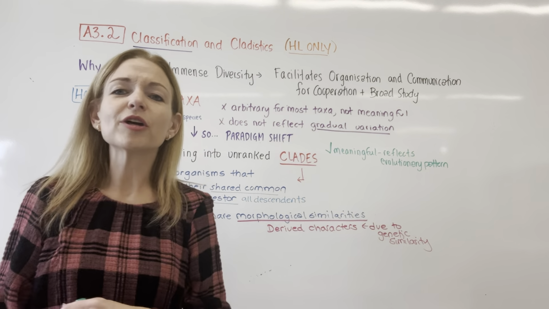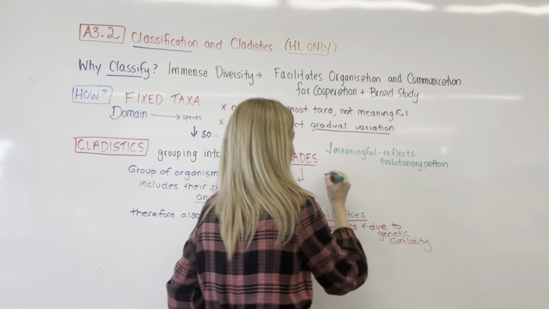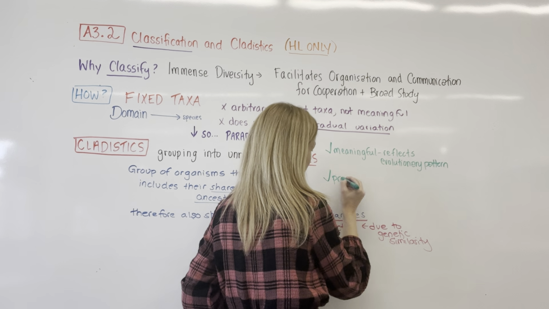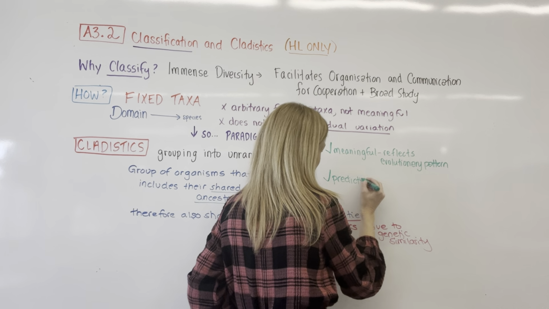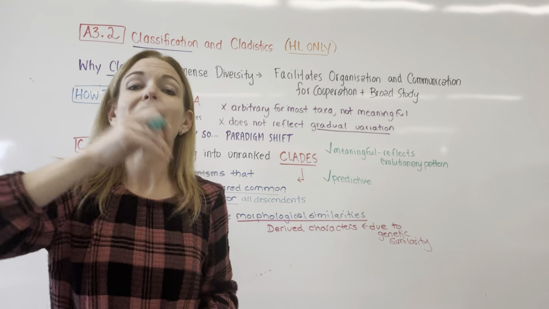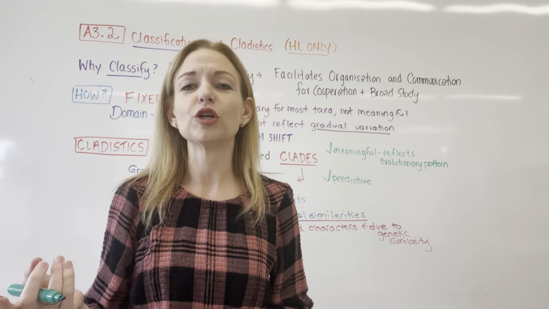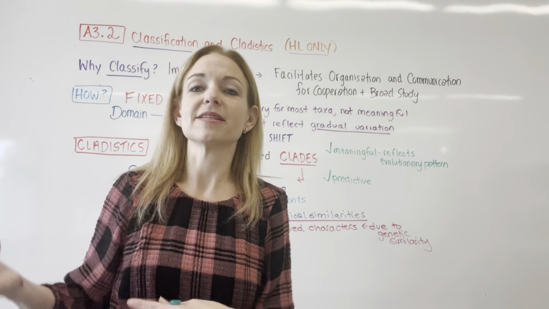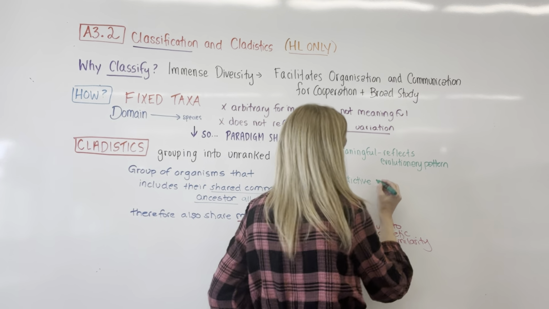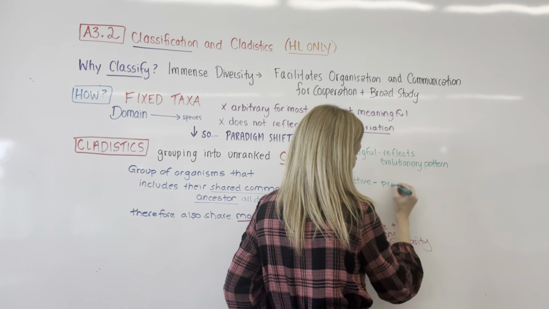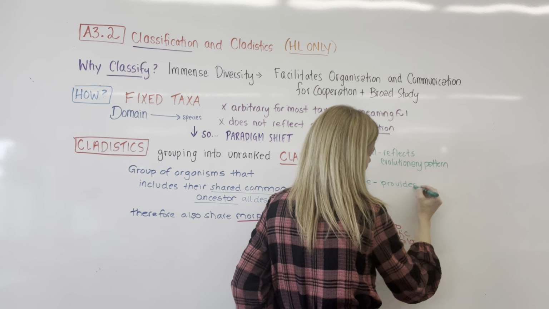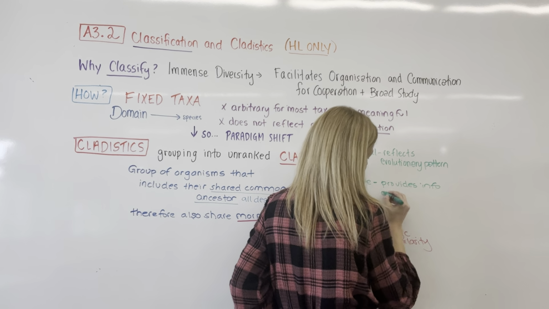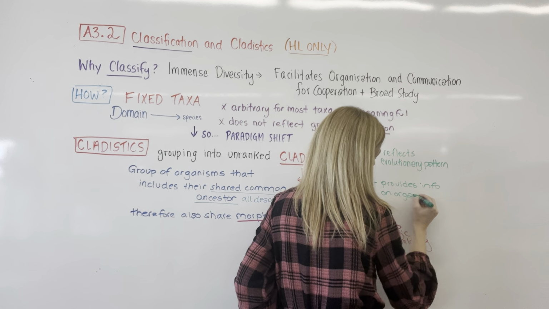Related to this, it is actually predictive. If you know what clade an organism belongs to, you could predict its features because of that. It provides information on an organism based on its clade.